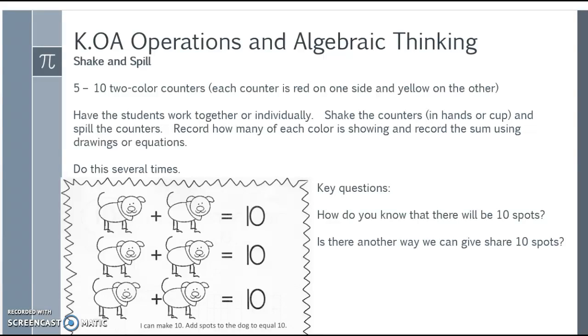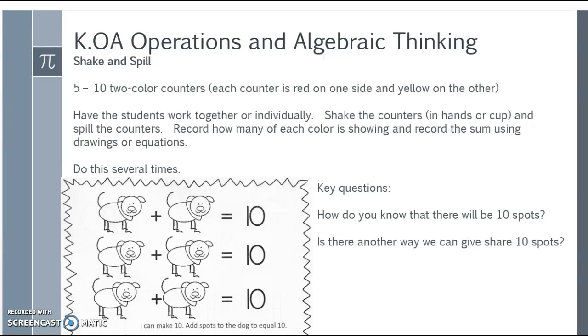So if I had 10 counters in there, obviously all of those counters together would add to 10, but we would be able to see the decomposition of numbers that build to 10 in a variety of different ways. We could have 2 yellow and 8 red, or 2 red and 8 yellow, but it all means the same. Do this several times with several different numbers of counters.